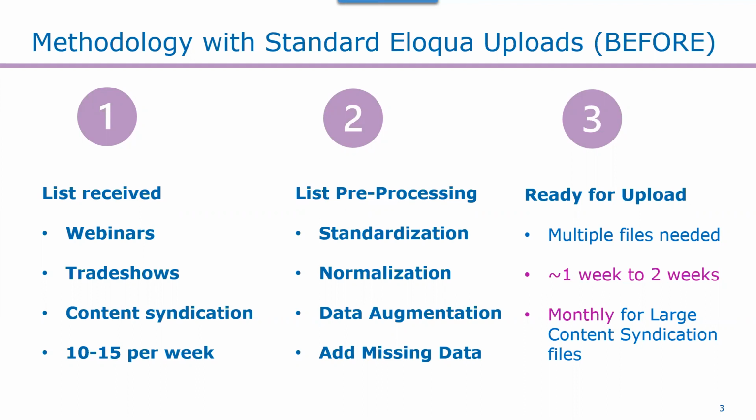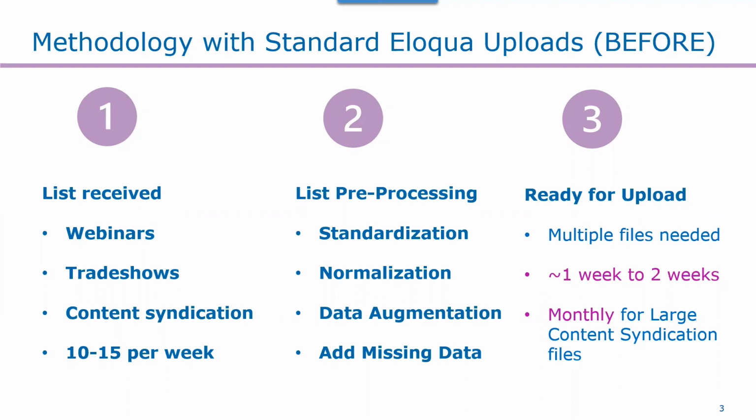It would take a lot of time to take the data from one file format and put it into a usable file format, such as updating proper case, removing special characters, taking out extra spaces, correcting country names, updating email address formats, creating short descriptions for our sales team by using formulas to concatenate multiple fields, standardizing dates, and updating and adding in missing data so that it wouldn't be rejected by Eloqua.